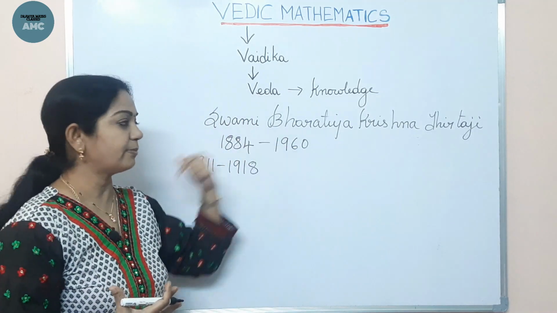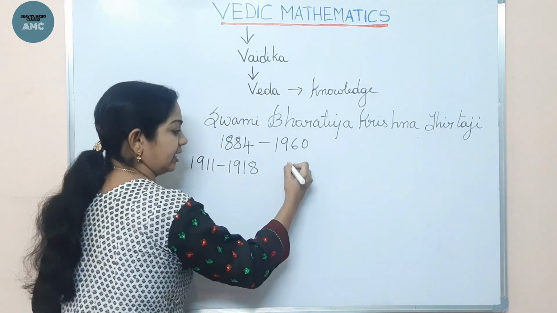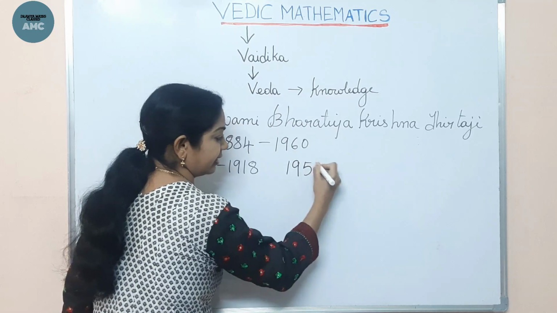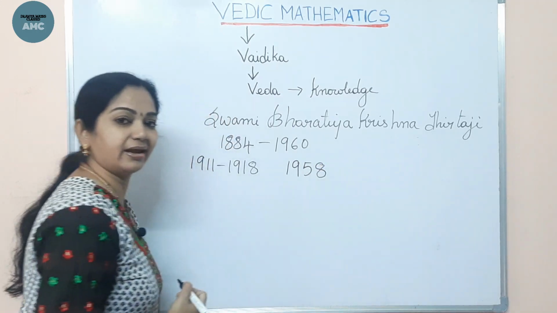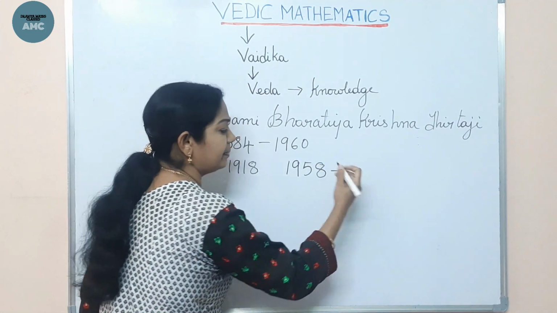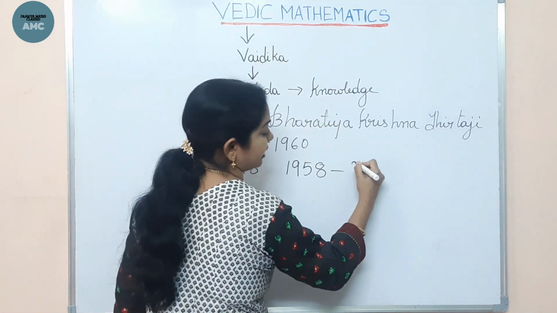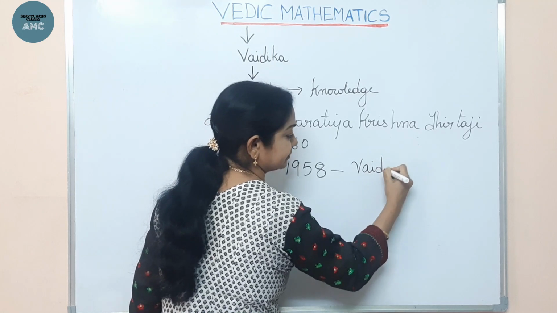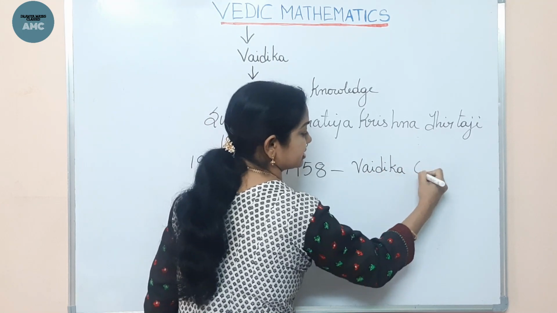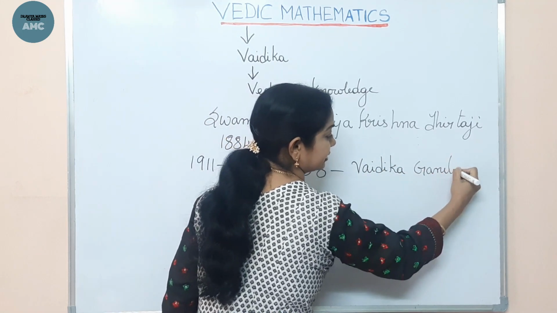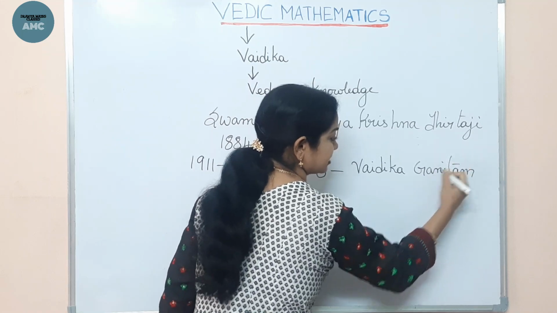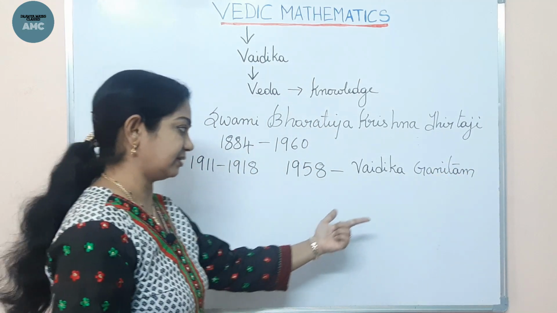Later, in his old age, in 1958, he wrote his biggest volume of Vedic mathematics called Vaidika Ganitam. This is nothing but the Sanskrit name for Vedic mathematics.